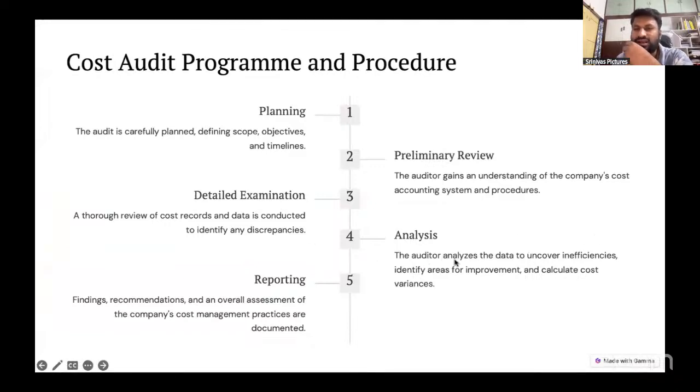After preparing the analysis, he goes to reporting. The report includes findings and recommendations, an overall assessment of the company's cost management practices, which are documented.